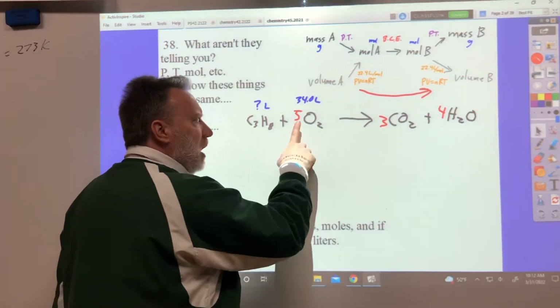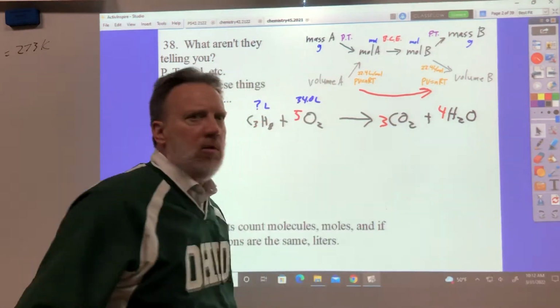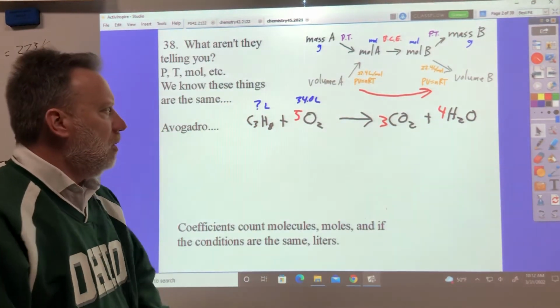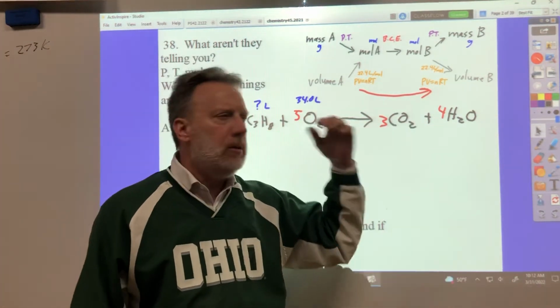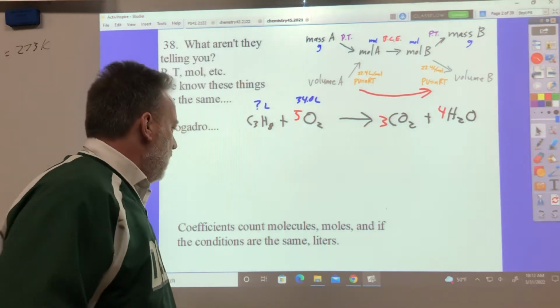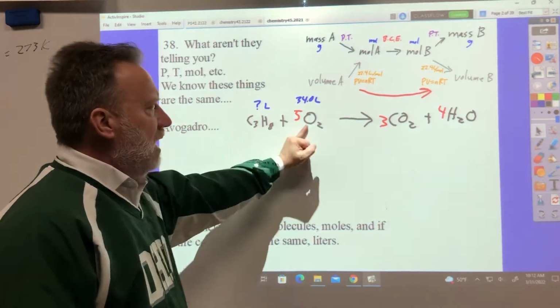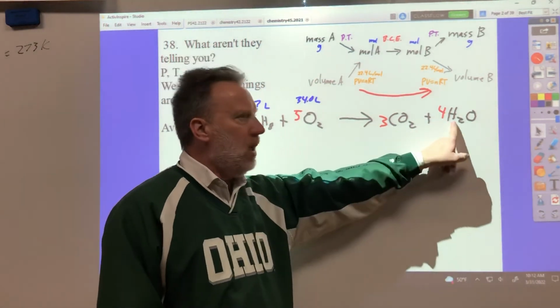1 liter of propane and 5 liters of oxygen give you 3 liters of carbon dioxide and 4 liters of water vapor. In order for that to be water vapor, all of them would have to be over 100 degrees Celsius. Okay? They don't even have to be at STP. As a matter of fact, if they were at STP, that wouldn't be a liquid.